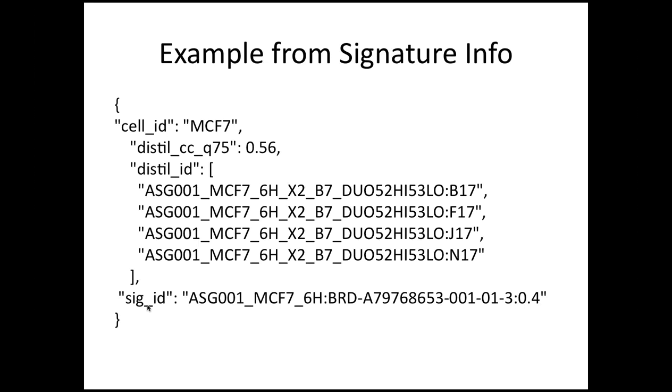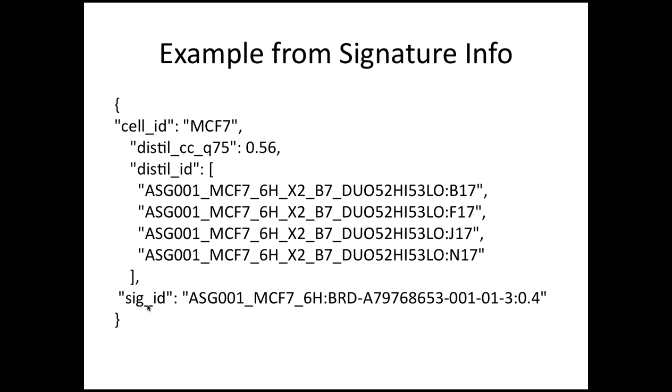So we have 4 different samples, and signatures are aggregated information from individual replicates, either replicates on the same plate or replicates across plates. You put them together, average expression levels or anything like that, then you call it the signature. Does this make sense?